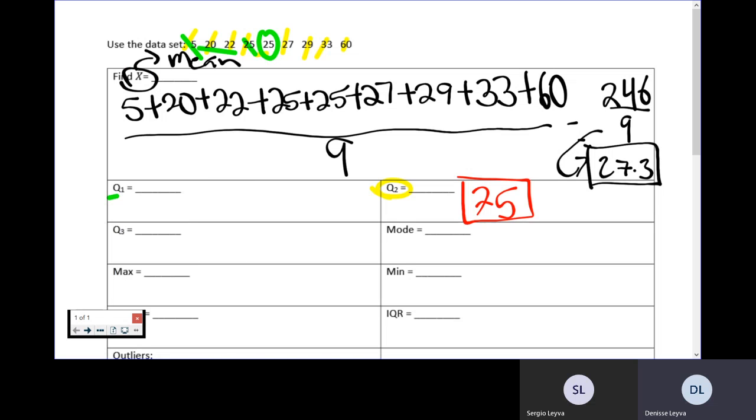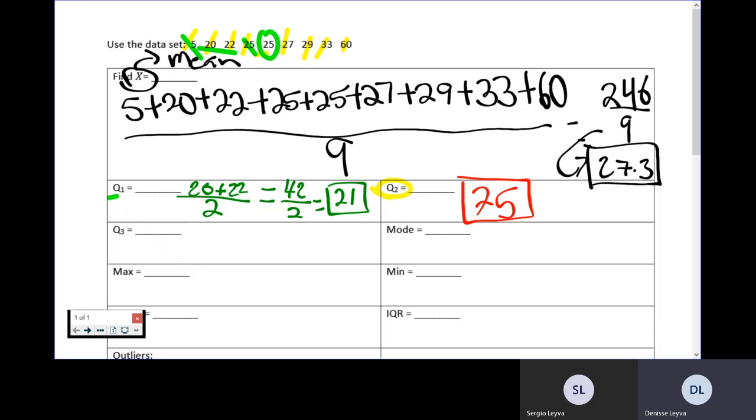So in this case, I have 20 plus 22 divided by 2. 20 plus 22 gives me 42. Divide that by 2, and that gives me 21. So 21 is my Q1.